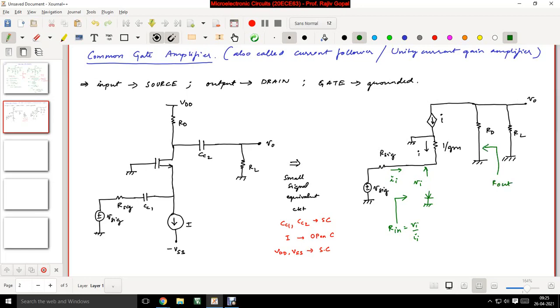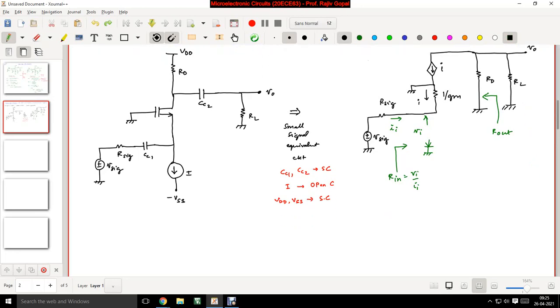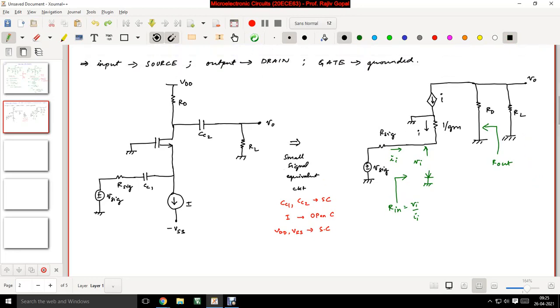Don't measure R out like this, that is wrong. You have to not include RL to measure R out. So R out is this. From this, I think Rin is fairly obvious.